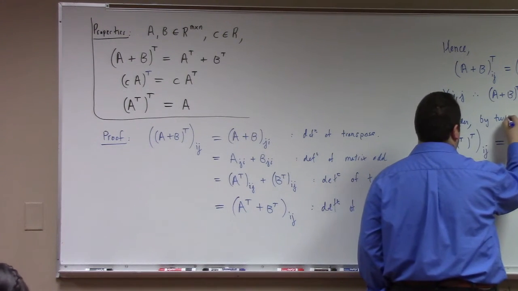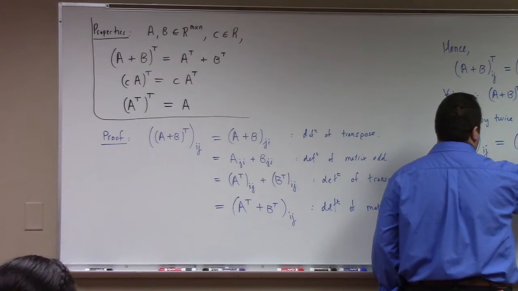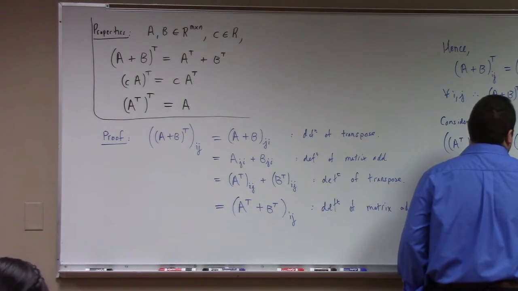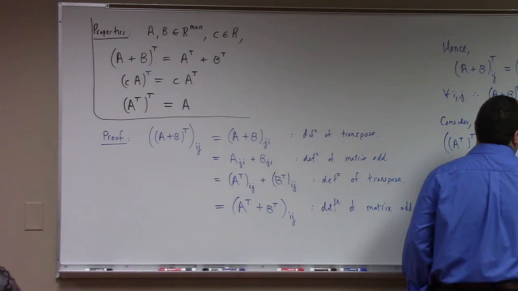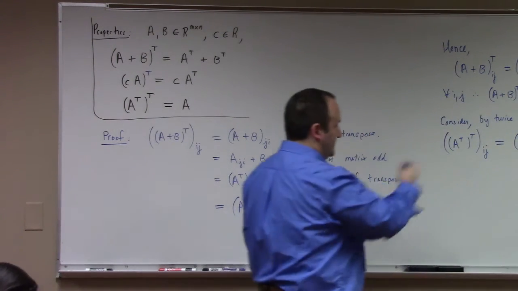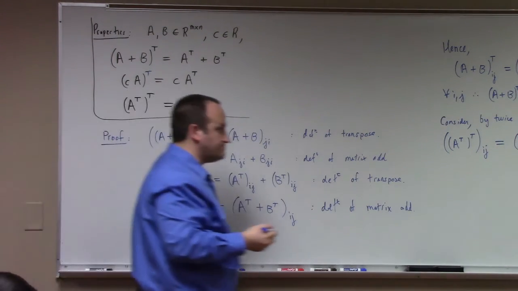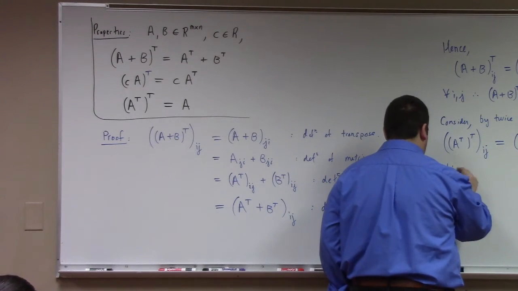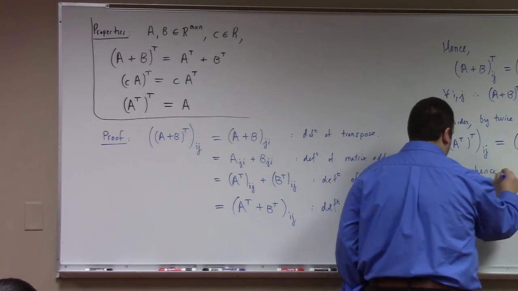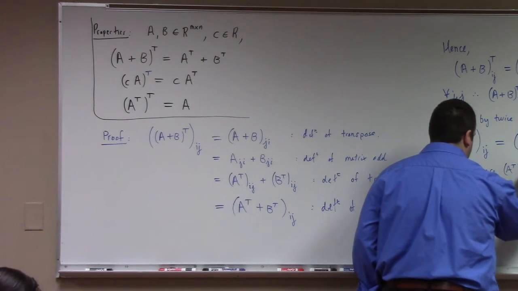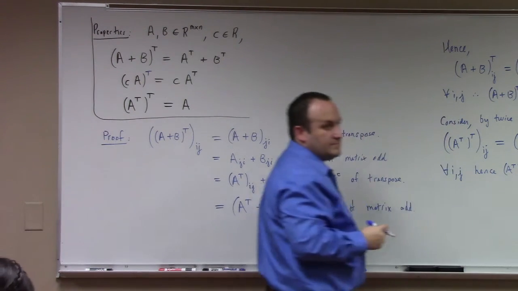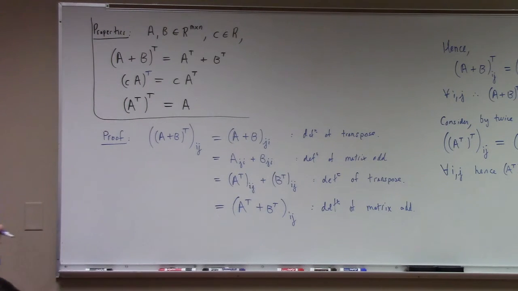By twice applying the definition of transpose. So for all ij, hence, A transpose transpose is equal to A once again. This method I'm using is the index method, using components and indices to frame arguments.